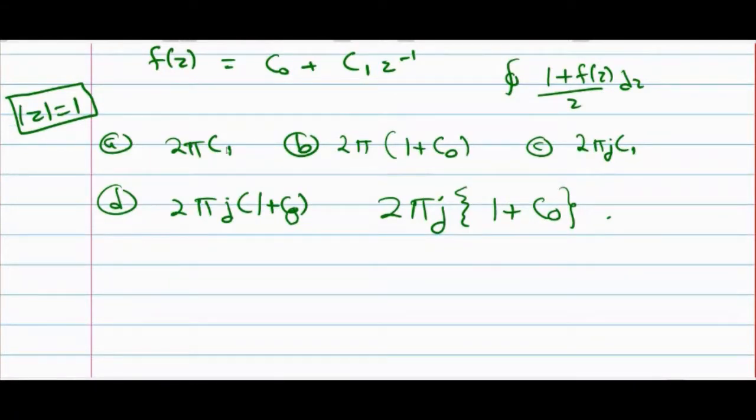First of all, substitute this point. Even if you don't substitute, you will find that z = 0 is inside. Then when you calculate this at 0, in place of f(z) you put c0 + c1 z inverse, and z inverse is nothing but 1/z. So c1 by z, when you put 0 here, it becomes infinity.